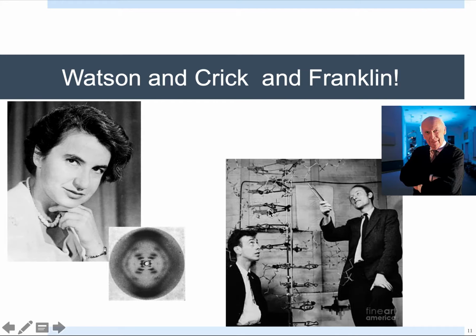This structure was discovered by 4 people. We have Wilkins and Rosalind, and what they did is that they used X-ray to predict the shape of DNA. That is a double helix.